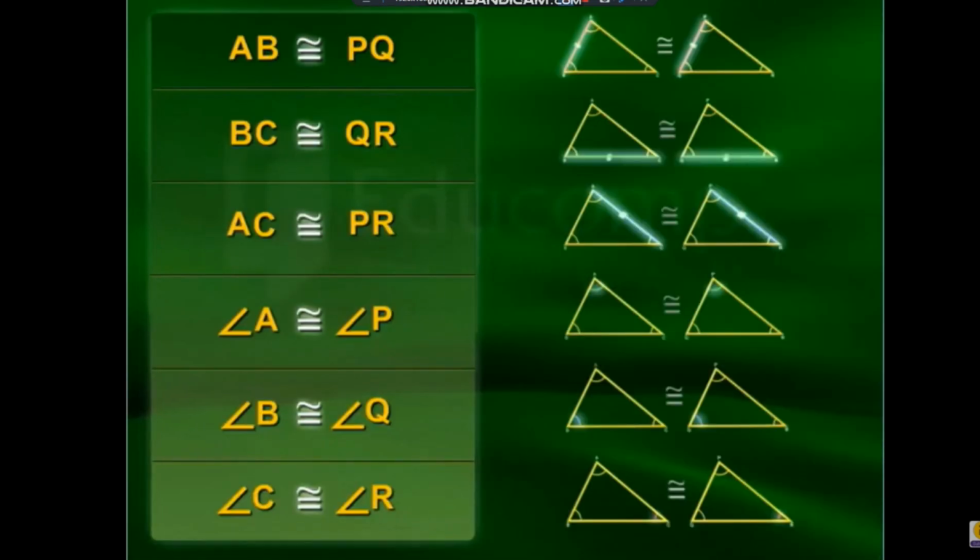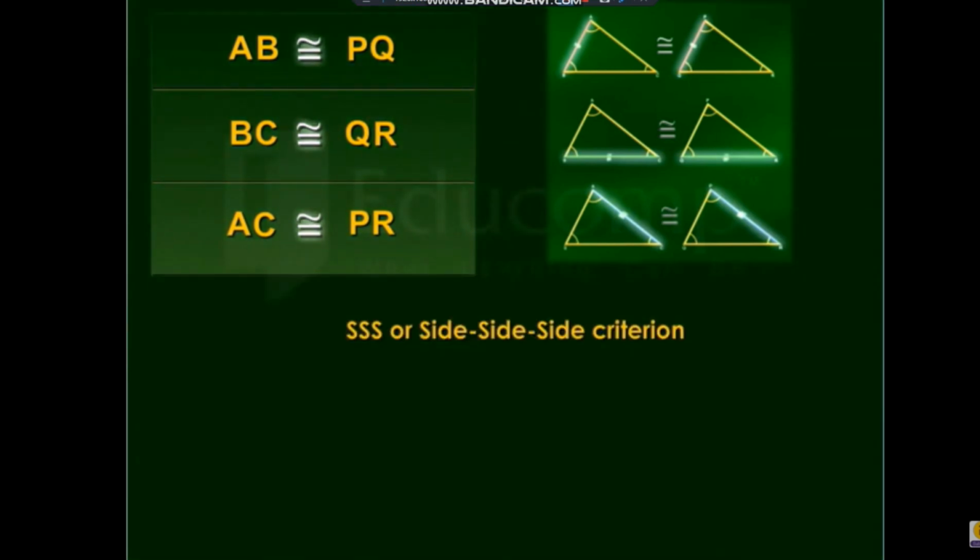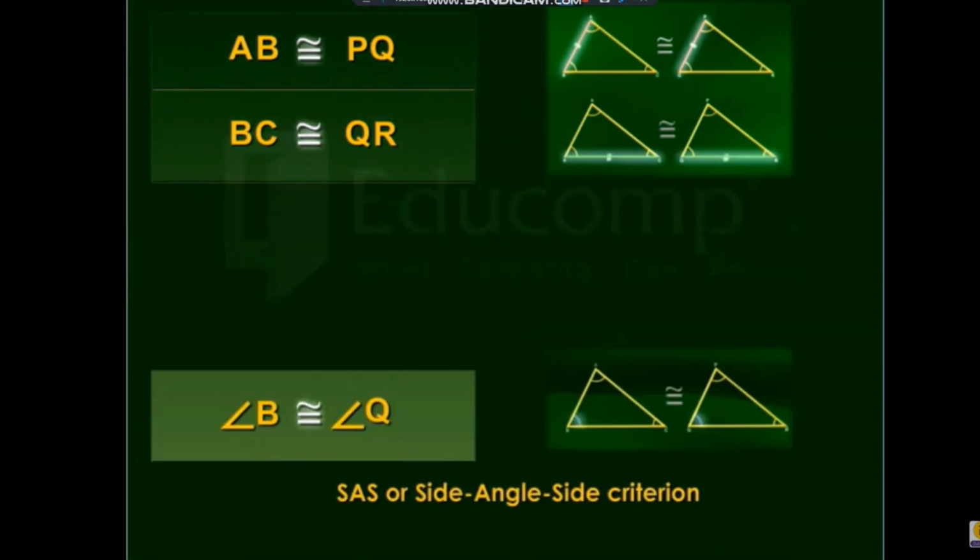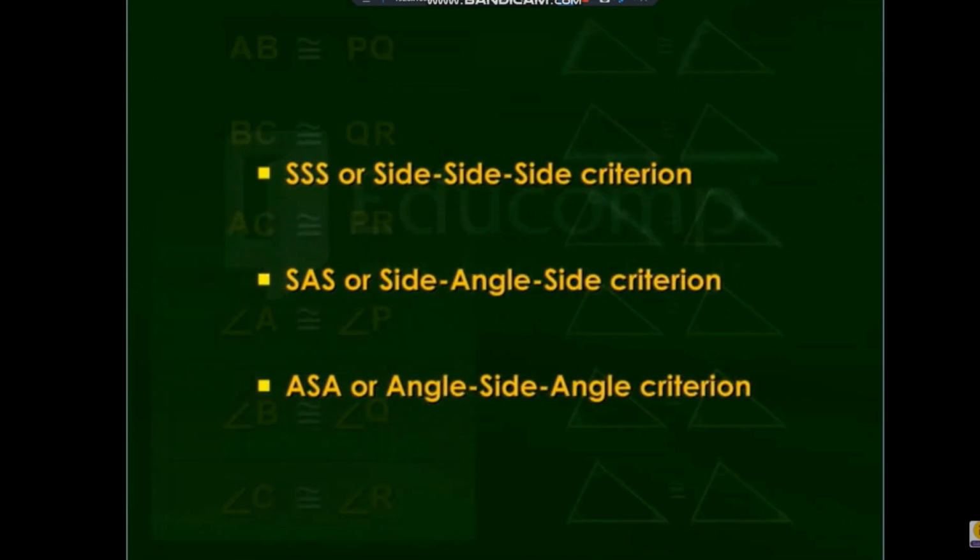Here are 6 possible conditions to determine the congruence of two triangles. Out of these 6 conditions, 3 are sufficient to determine that 2 triangles are congruent. These are called the criteria for 2 triangles to be congruent. We'll now examine these criteria.